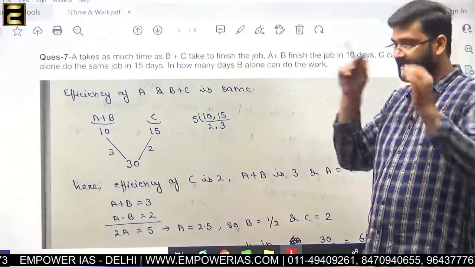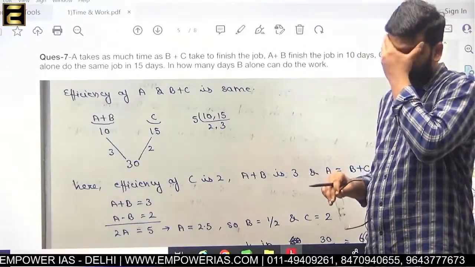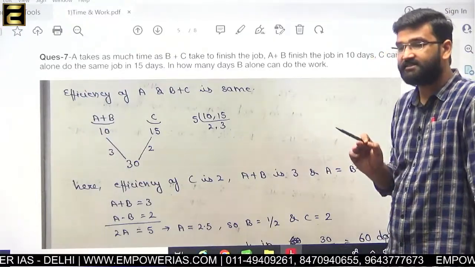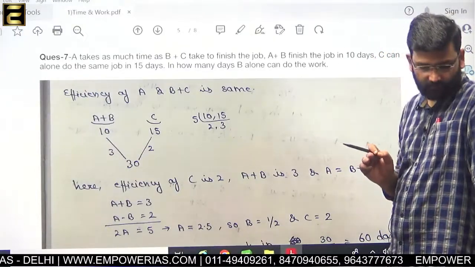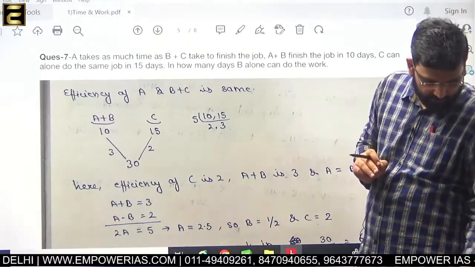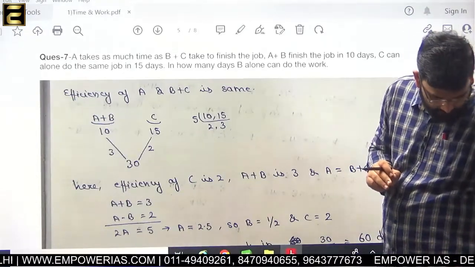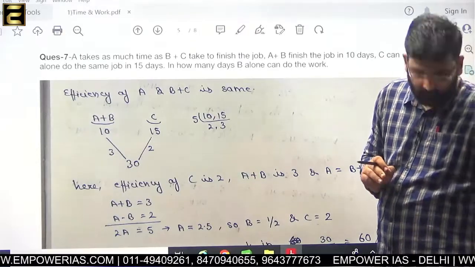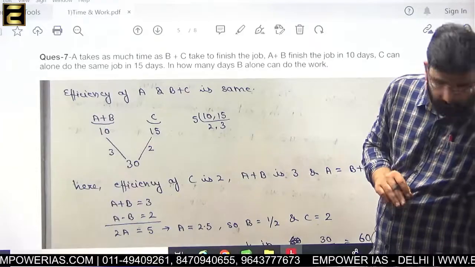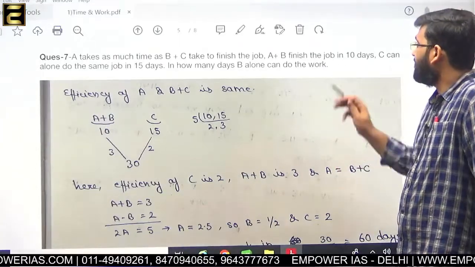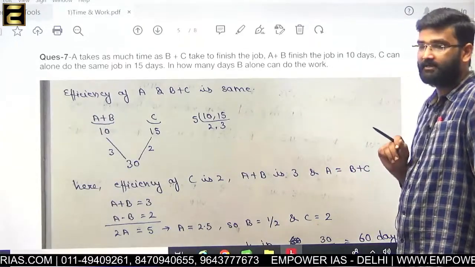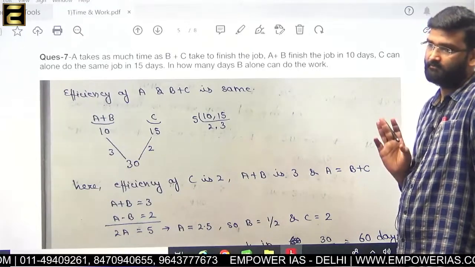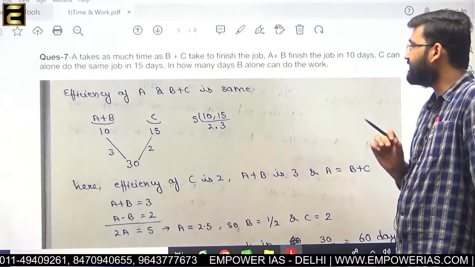See here, A takes as much time as B plus C. It means that the efficiency of A is equal to the combined efficiency of B plus C. A plus B finish the job in 10 days. C alone can do the same job in 15 days. So in how many days can B alone do the work?